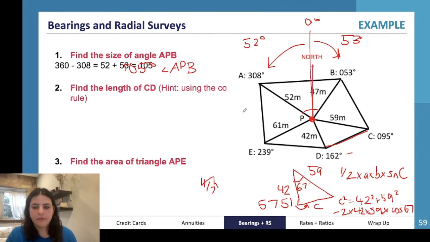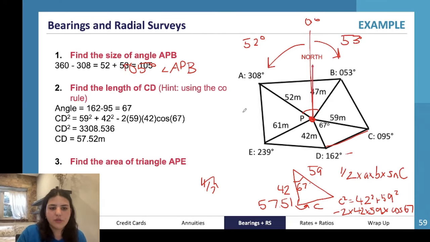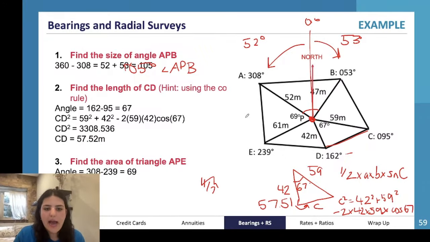Okay, there we go. The area of triangle, okay, so what did I write down? 57.51, okay, it's rounded to 57.5. And then the area of triangle APE, so we've got this triangle, APE, we have to do half times A times B times sine C. So half times A, which is 61, times B, which is 52, times sine 69.